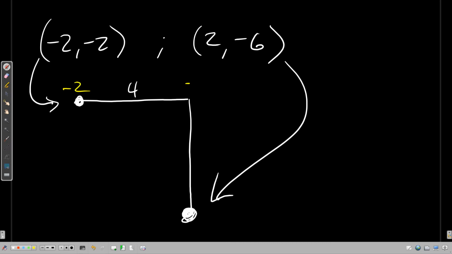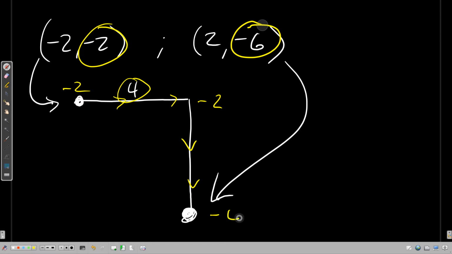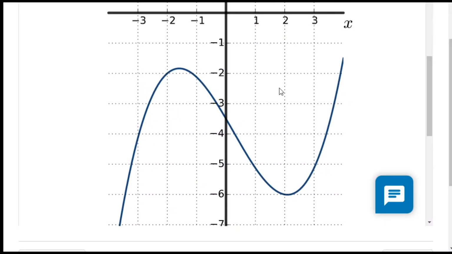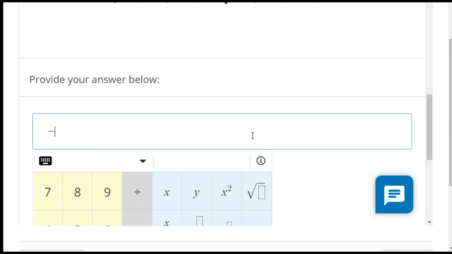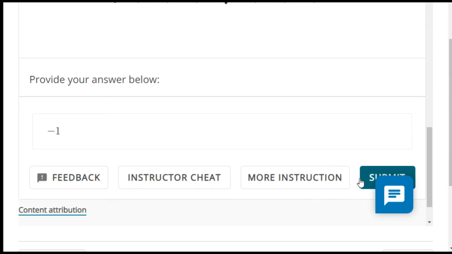The x values there were -2 and 2, so I ran this way 4 units, and now I need to go down how many units? Well, I'd be changing from a -2 to a -6. So this is just down 4 units. Your slope is -1. Feel free to do the calculation, but you will just get -1.